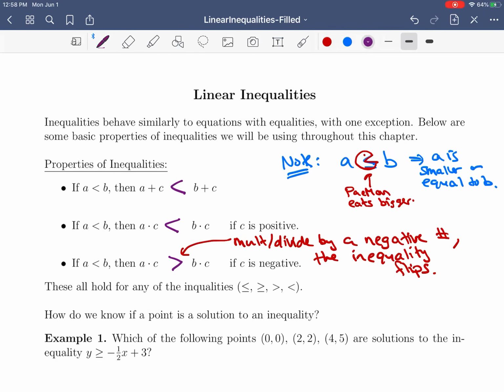So the one that it opens to is always the bigger one, no matter which one you're using. So that's a way you can sort of remember that.